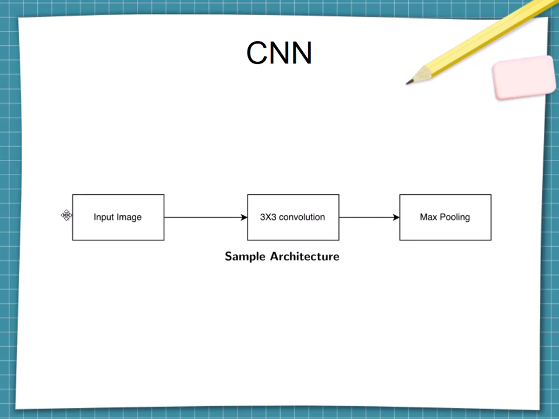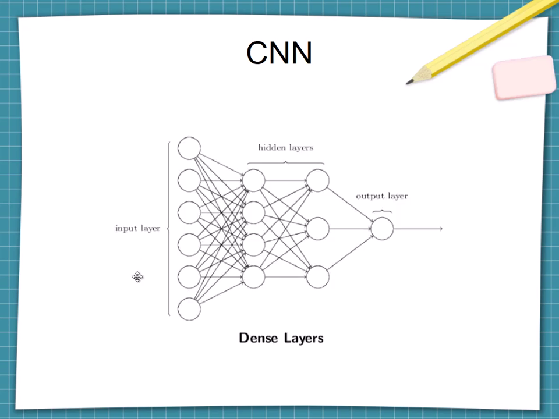So in CNN, we take the input image and do some convolution, then max pooling, and then we get the output. This is how it goes. So these are the dense layers and the hidden layers.